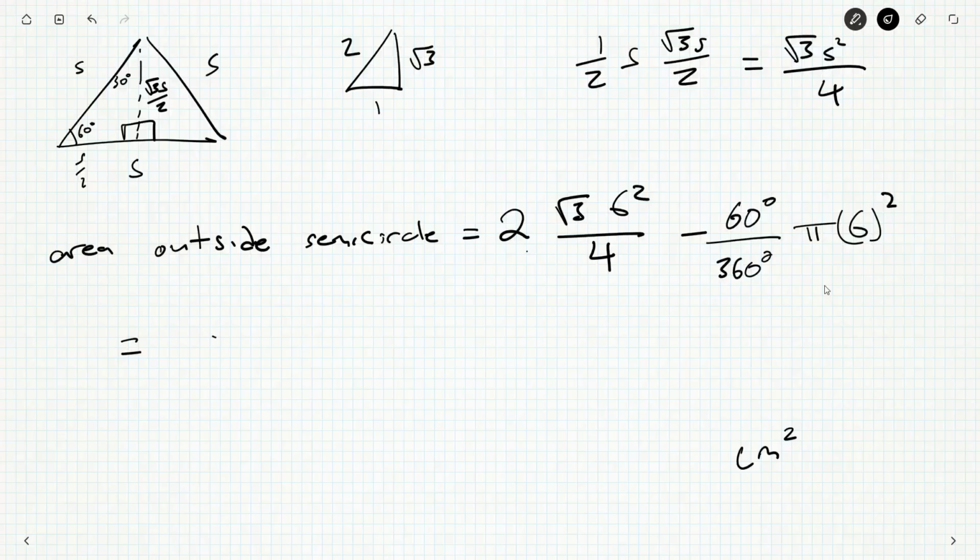Okay, so that's 36 over 4 is 9 times 2, so that's 18 root 3. And this is 1 over 6, cancels with one of those 6's, so it's minus 6 pi.